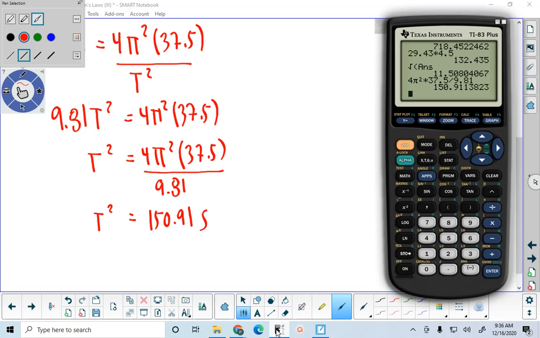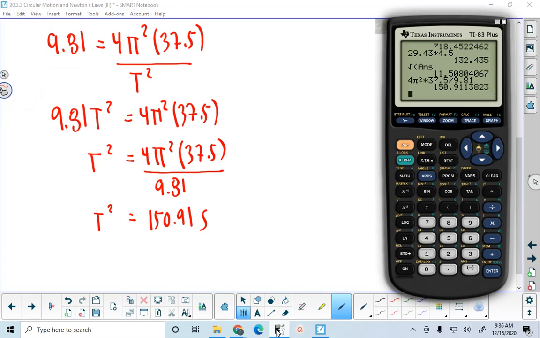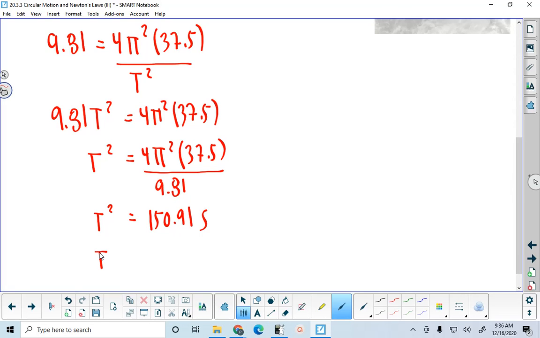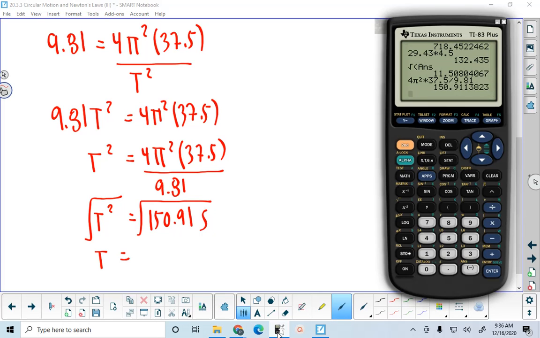Do you get that number before you square root it? Okay, good, thank you. That means that t equals the square root of that. We're going to take the square root of both sides.